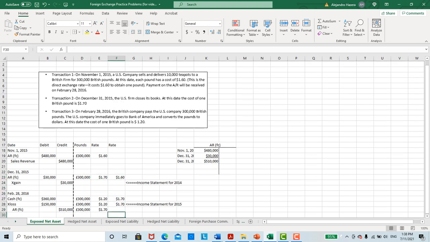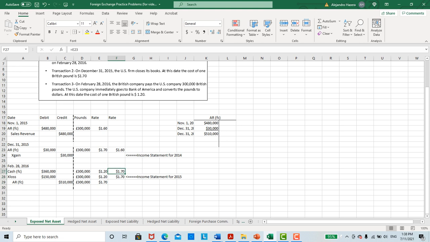Okay, then we come to the final transaction, when the transaction is settled, and they actually give you the British pounds. Now, when they give you the British pounds on February 20th, 2016, each one is worth $1.20. So this right here is the cash that you get on that date: 300,000 British pounds times $1.20.